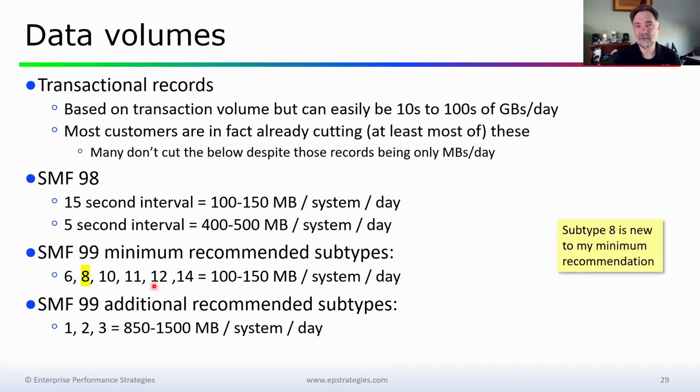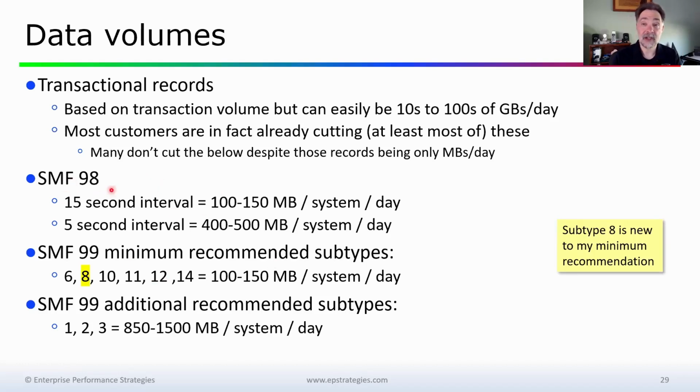So I think that's my new thing to champion: go cut the SMF 98s and 99s. If you want, I have more detailed volumes at the end of this presentation.